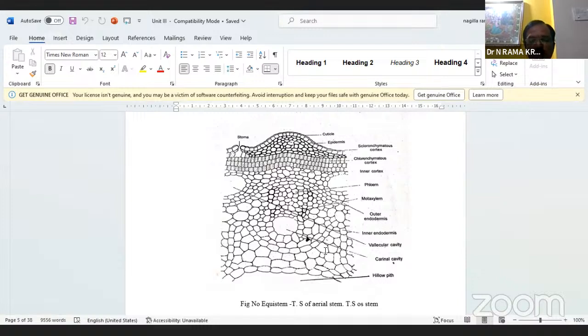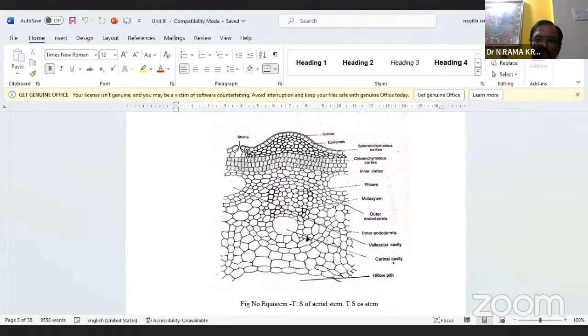So now you see, what are the xerophytic characters? That is the presence of sunken stomata. Sunken stomata means, when you look at the epidermis, here, in this area, we are looking at the epidermis.